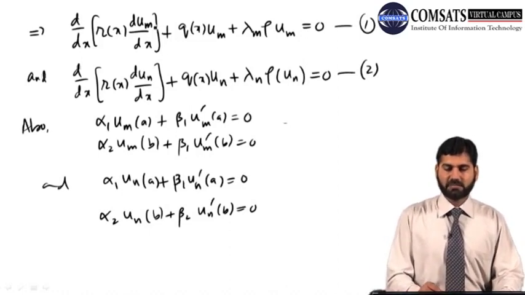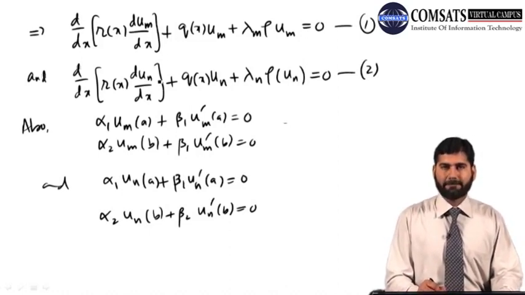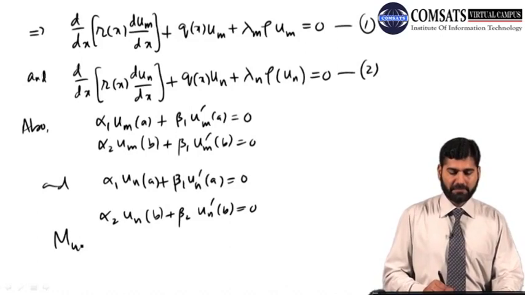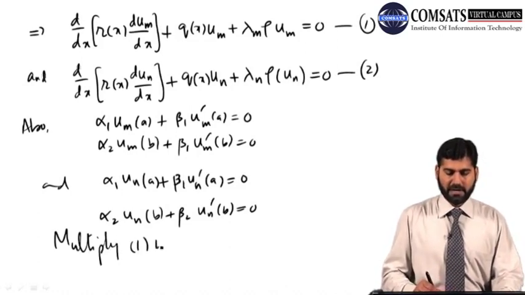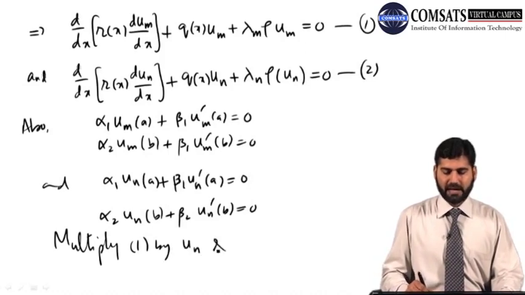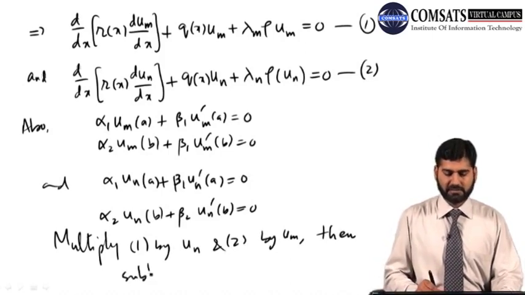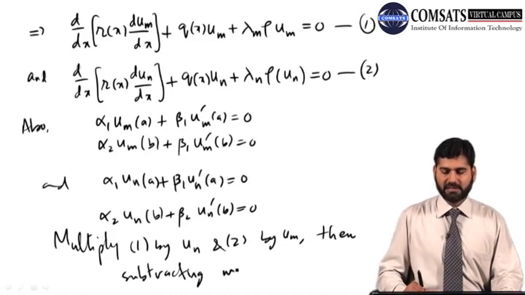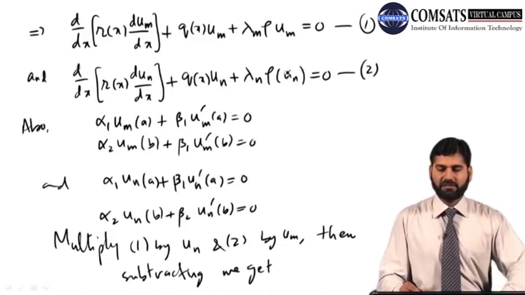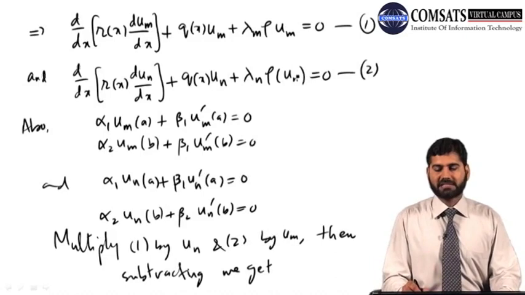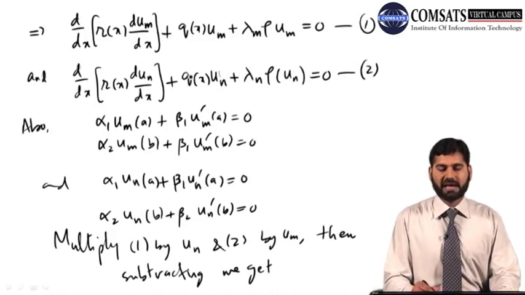If I multiply 1 by un and 2 by um and then subtract, you see, the Q(x) um un terms will be cancelled.